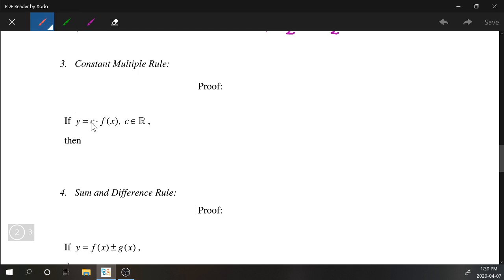It says if y is equal to c times f of x, where c is some real number, then the derivative is going to just be c times f prime of x. Okay, there's a couple of different ways to prove this, but we're going to use the difference quotient for this case. So I'm going to start with y equals c times f of x.